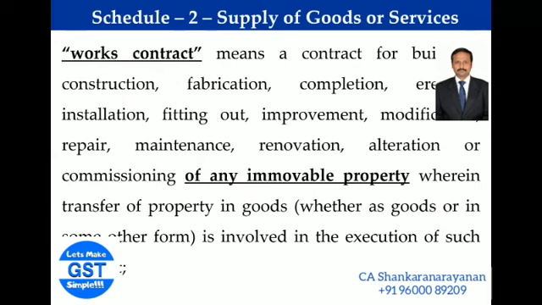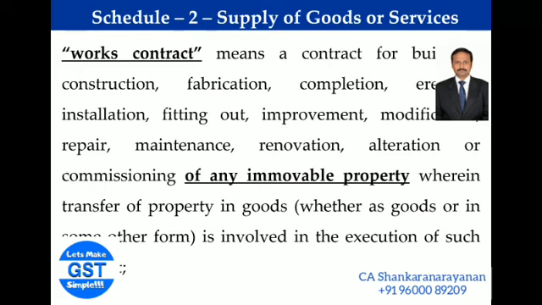So before GST and after GST, the definition of works contract has changed substantially. Today, if I am going to paint a house, it is called a works contract because it is done to an immovable property. But if I am going to paint a car, it is not considered a works contract. It is still considered to be supply of goods only. Why, sir, is it considered a supply of goods? Because anything done in relation to immovable property is only considered as works contract.